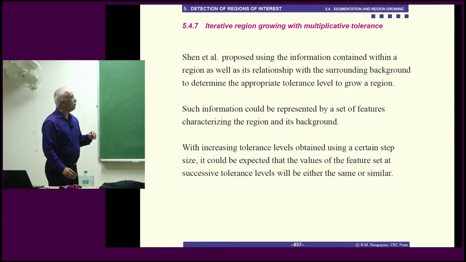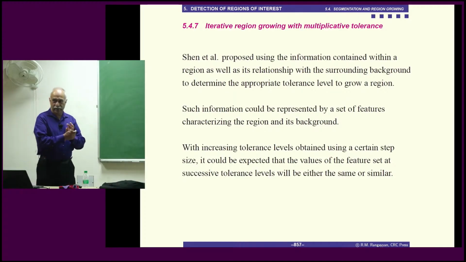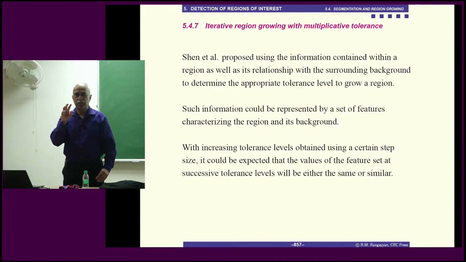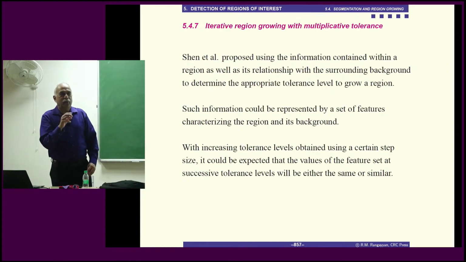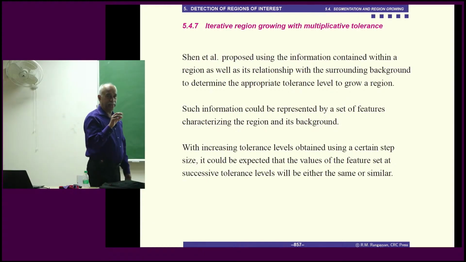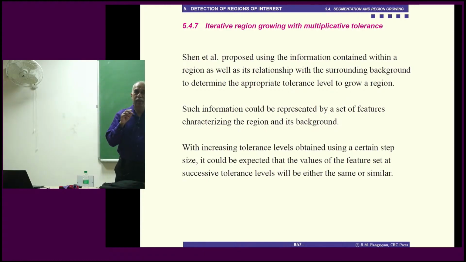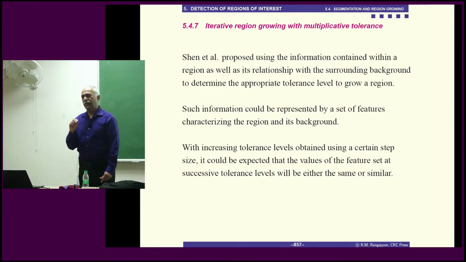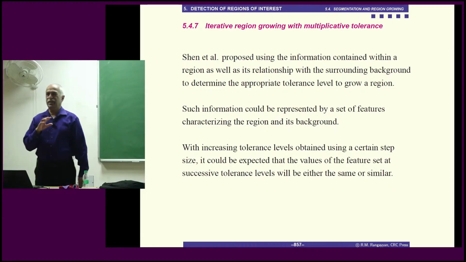Liang Shen also proposed iterative region growing. That is, the multiplicative tolerance tau that is used, depending on the value of tau used, you get different regions. We don't know in practical cases what that tau value should be. To grow regions corresponding to microcalcifications, we found that using one parameter is not adequate.